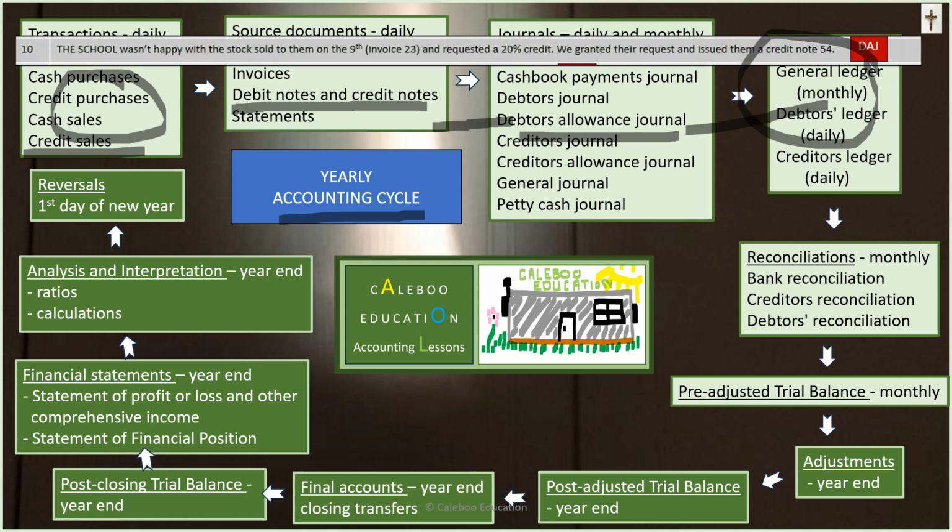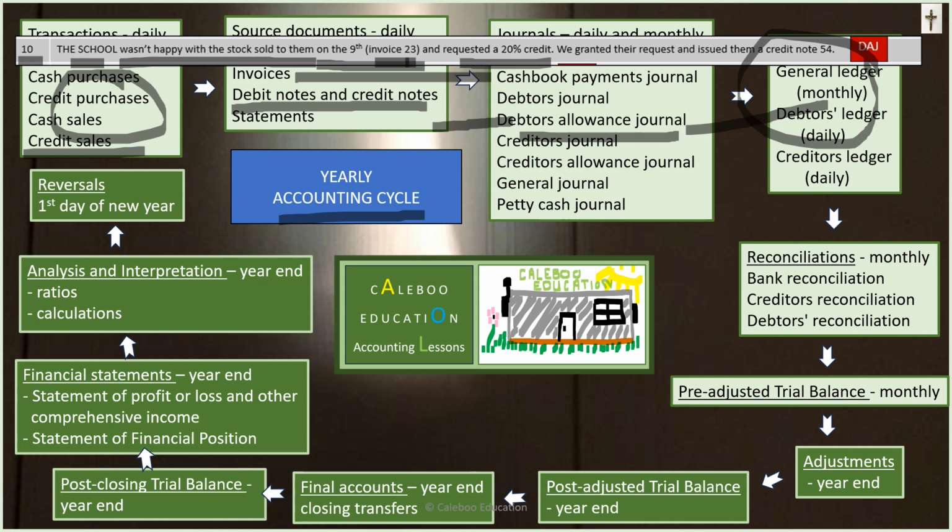There's a typical transaction. Our customer who holds an account with us, we have sold to the school on credit, wasn't happy with the stock that they received and they requested a 20% credit. We have to look at the original transaction. It was on the 9th.